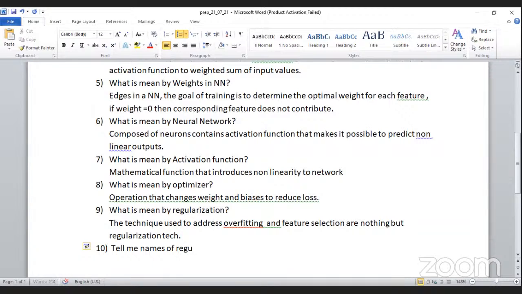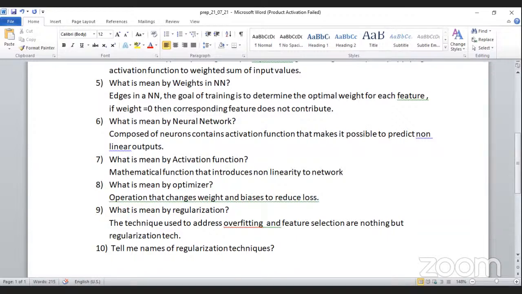Okay, I'm asking about our machine learning concepts.